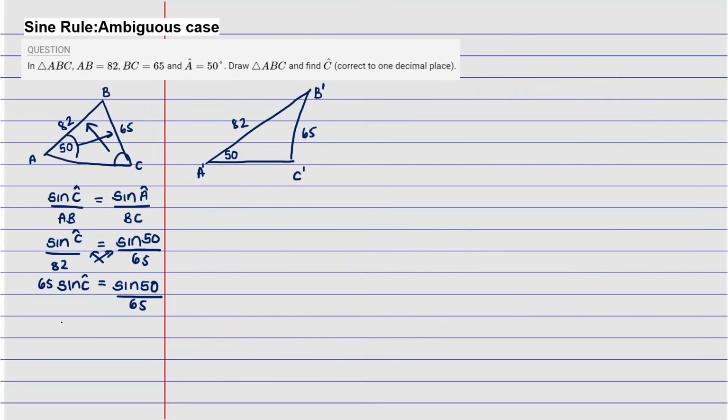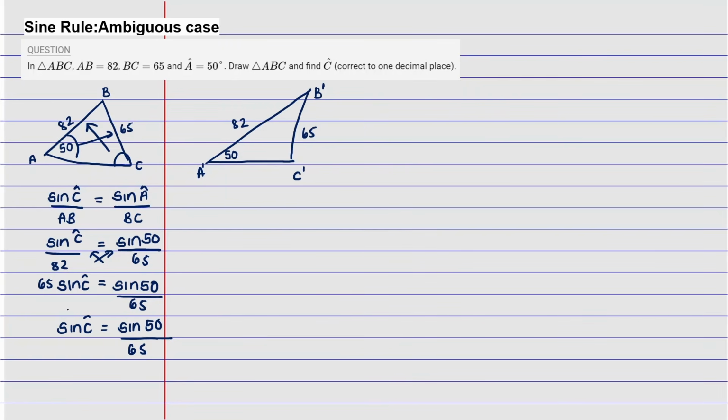So we want sine C unknown, so sine C equals sine 50 divided by 65, multiplied by what you call this.